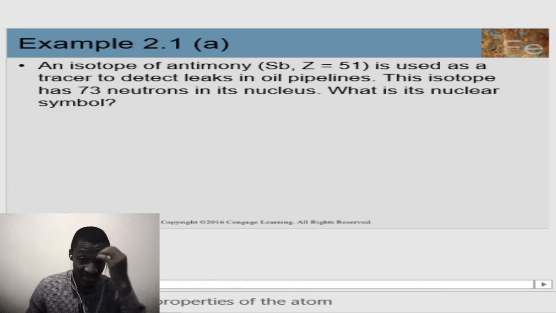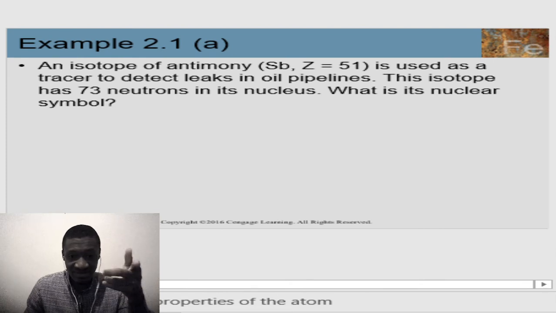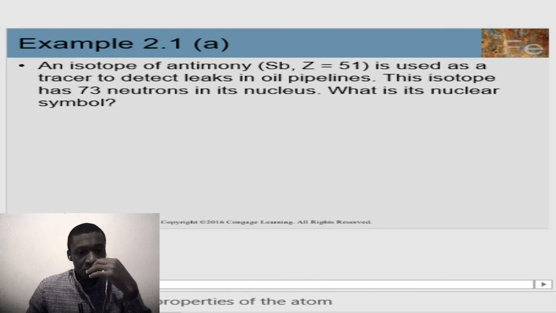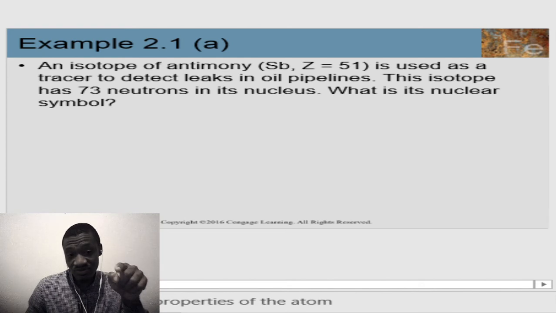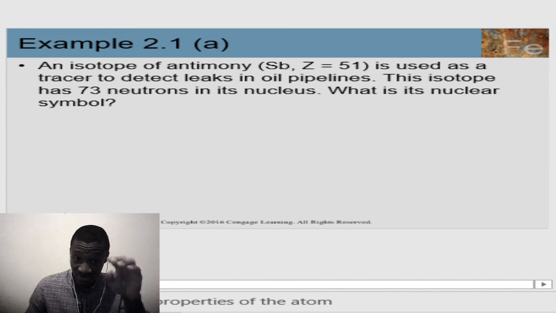Then we have an exercise to do, and I think after this exercise we'll end this part. So the exercise is such that you have an isotope of antimony. The name antimony is very different from the atomic symbol.